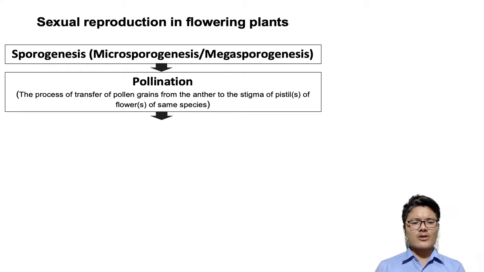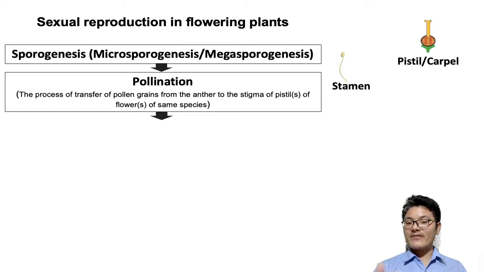What exactly is pollination? As I've written here, pollination is the process of transfer of pollen grains from anther to stigma of pistil. Now, it's a bit difficult to understand, right? To make it clear, we have learned that stamen is the male reproductive organ and pistil or carpel is the female reproductive organ in the flower.